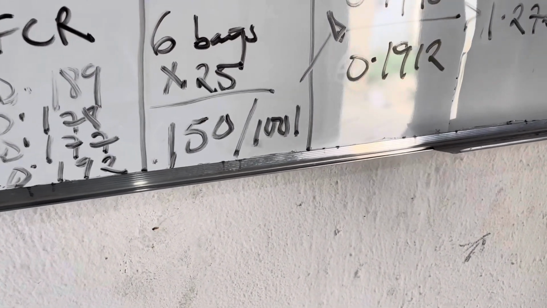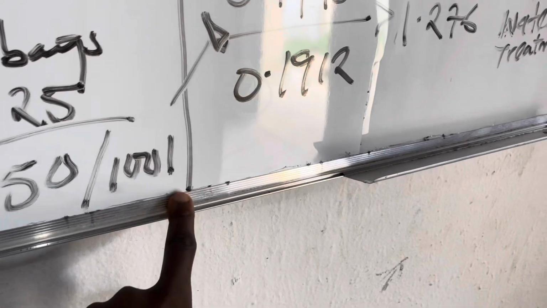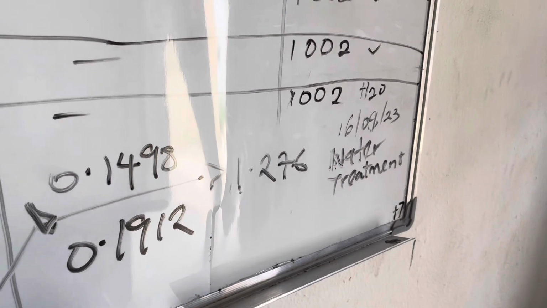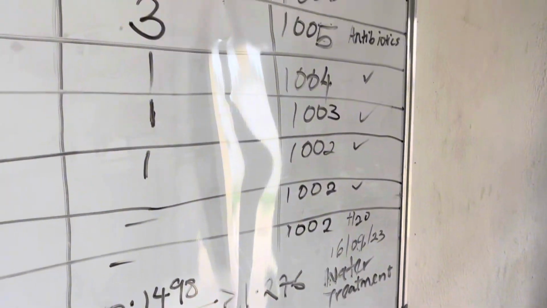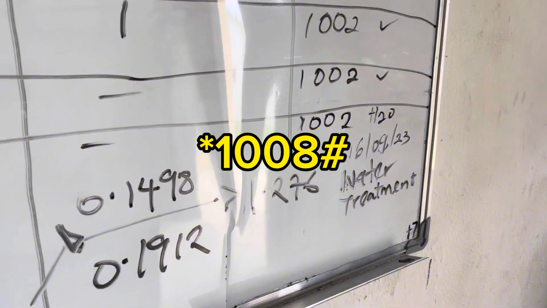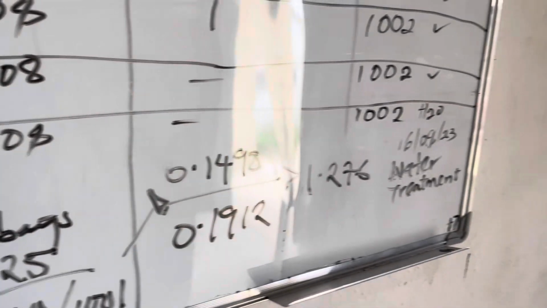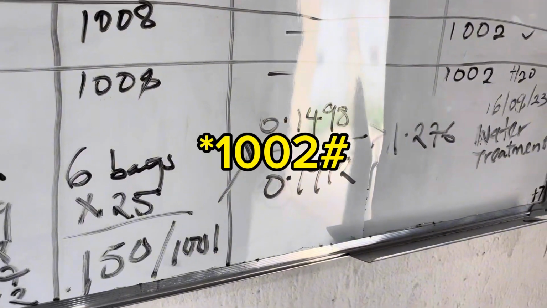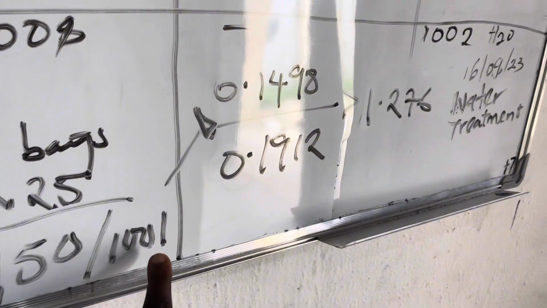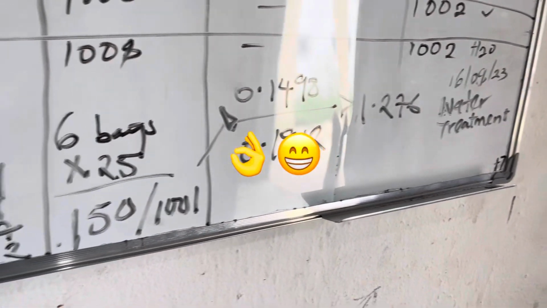We have 101 birds. We had 108 birds come in, and as at yesterday we had 102, and today we had one mortality, so we have 101 birds.